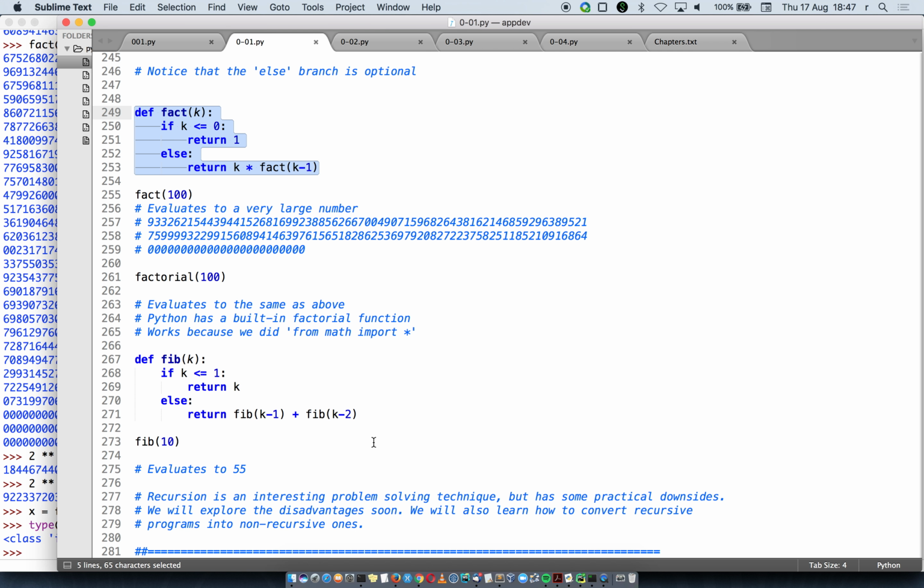Let's move on to another interesting computation, Fibonacci. So Fibonacci solved this problem. We have a pair of rabbits, male and female, right? In 1 month, the 2 rabbits mature and are able to produce offspring, right?